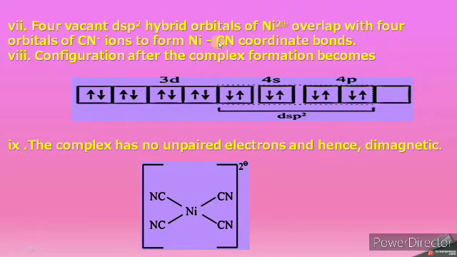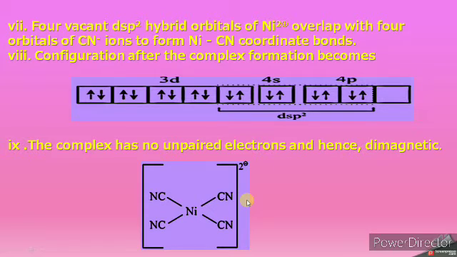So here a nickel-carbon bond is formed. When the 4 CN minus ions donate 4 lone pairs of electrons, the electronic configuration of the complex would be like this, and the hybridization is dsp2.